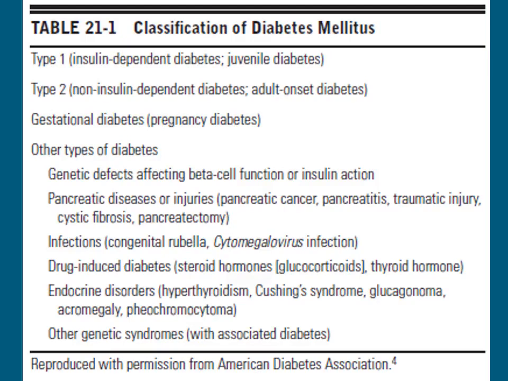Other types of diabetes are genetic defects affecting beta cell function or insulin action, and pancreatic diseases or injuries like pancreatic cancer, pancreatitis, traumatic injury, cystic fibrosis, pancreatectomy.